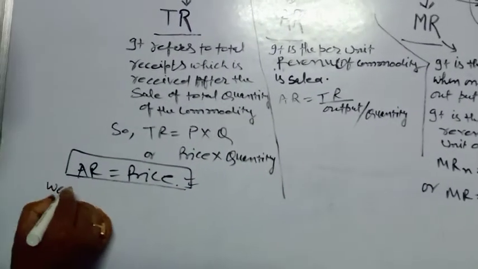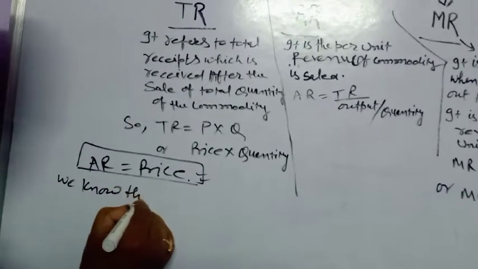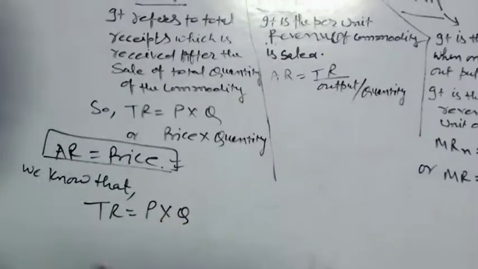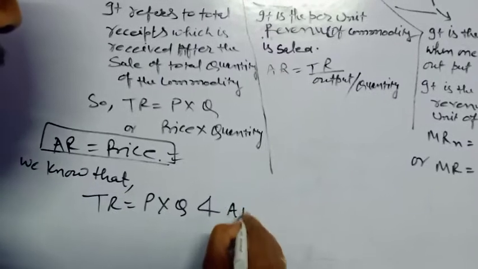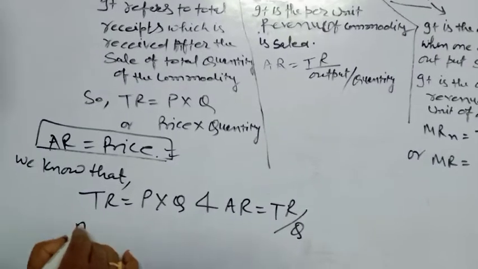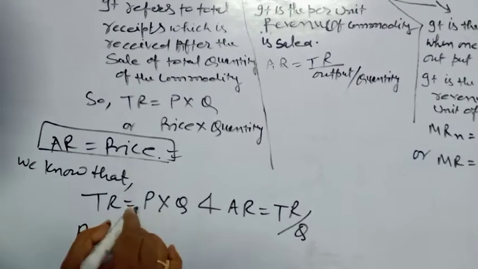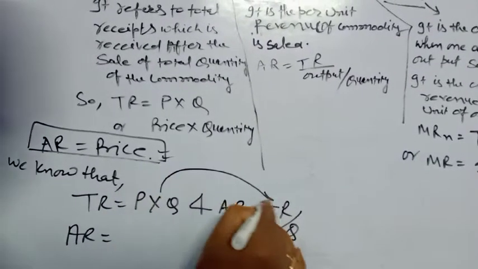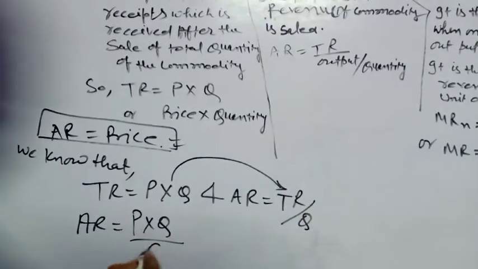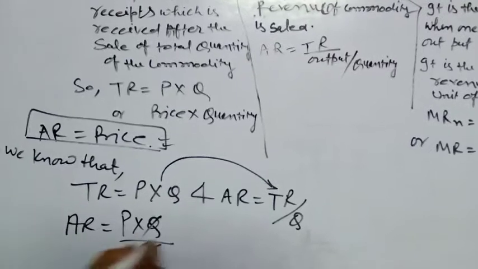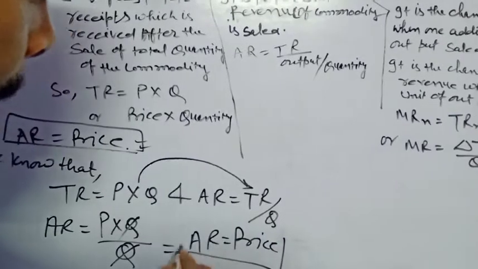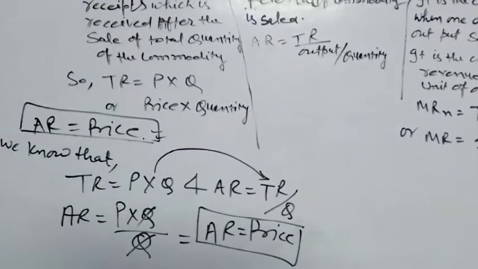We know that TR is equal to P into Q and AR is equal to TR by Q. So AR is equal to P into Q divided by Q. Q cancels, so AR is equal to price. Is it clear?